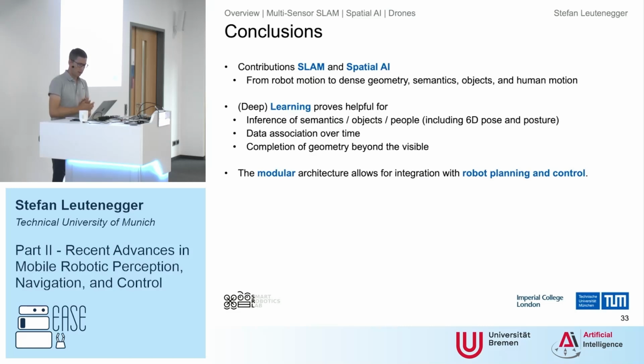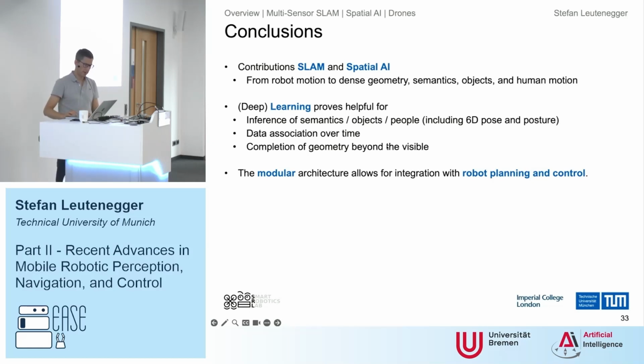With that, I can come to the conclusions. I hope I could convince you that there's still some value in doing SLAM and spatial AI, and that learning is really helping a lot, specifically for inference of semantics, of course. I guess that's the obvious thing, objects, people, but also things like data association over time, so this whole feature metric error that I've shown, as well as completion of geometry beyond what is visible.